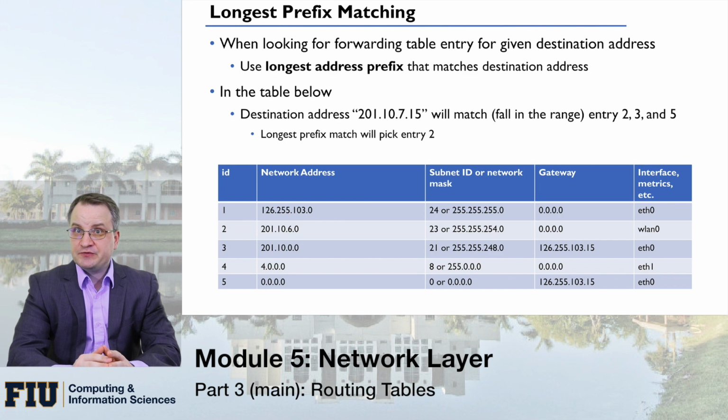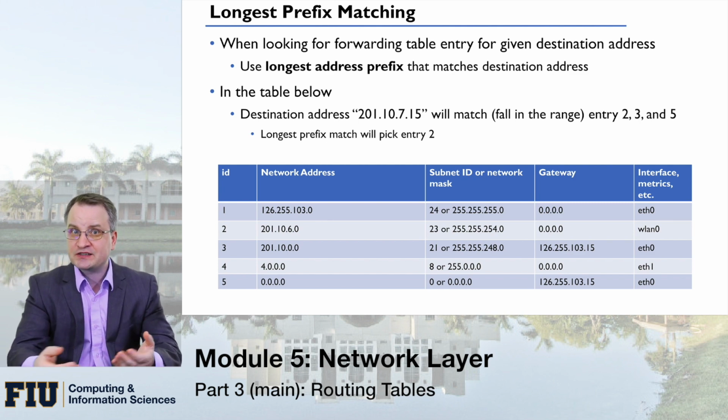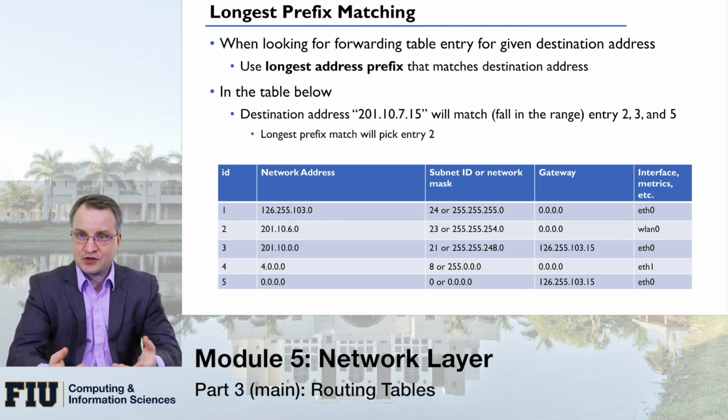In this specific case, I hope you can easily answer the question among the three entries that match this IP address. You will see that the only entry that will actually be picked is entry 2, because it has the longest prefix; the subnetwork ID is the biggest number. I hope you got a good idea of the longest prefix match process.